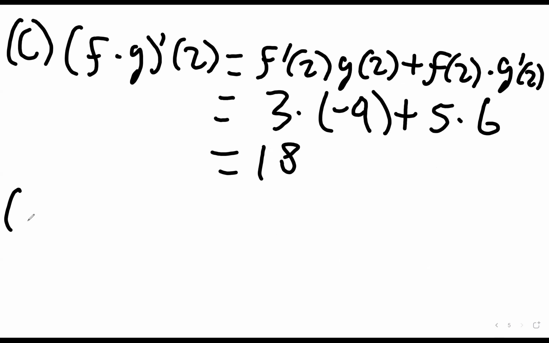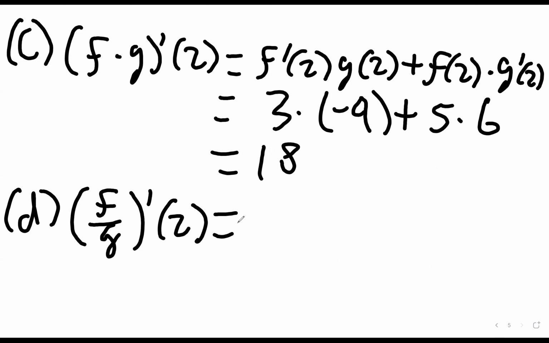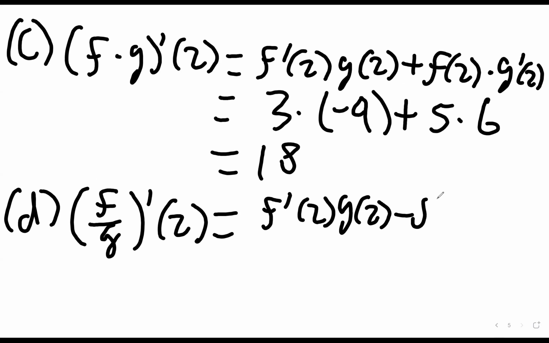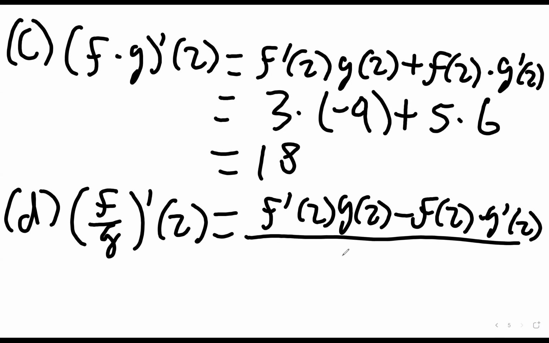Okay, the same applies for the derivative of f over g at 2. We just apply the rules for finding the derivative: f prime of 2 times g of 2 minus f of 2 times g prime of 2, divided by g of 2 squared.